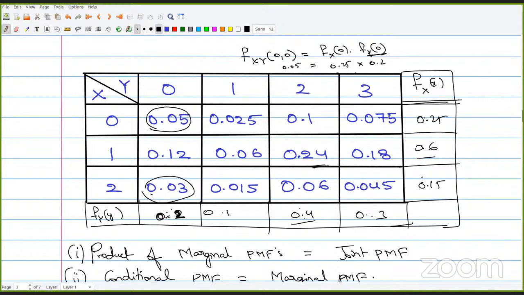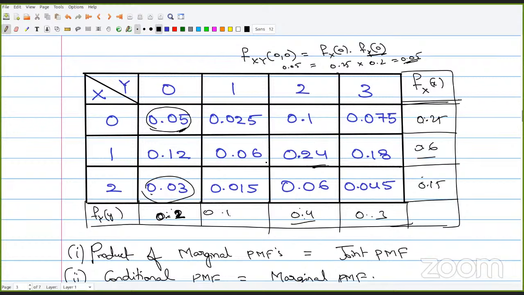So what is 0.25 times 0.2? It is 0.05. So the product of marginals is equal to the joint in this particular entry. Similarly, you have to check every other entry.